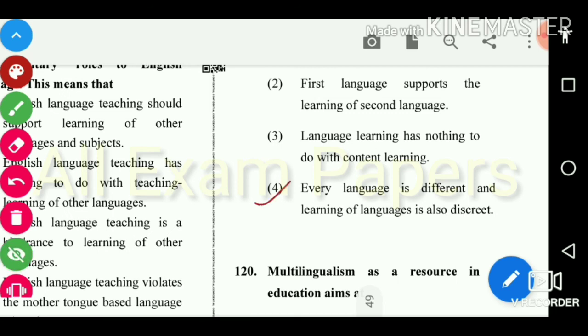And fourth one is, every language is different and learning of language is also discrete. And the correct answer is option number 2. First language supports the learning of second languages.